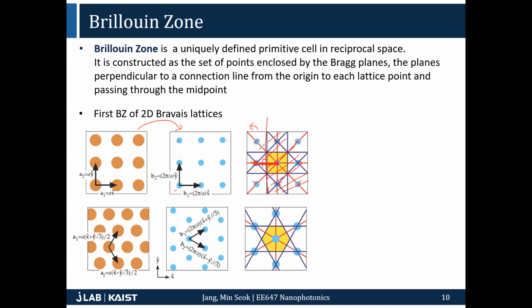And then you do the same thing for all the neighbors, first neighbor and second neighbor. Then you realize that this yellow region basically corresponds to this dot, and you can see that with this square you can tile the entire K-space. This is called the Brillouin zone.